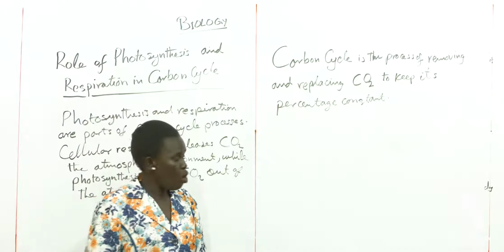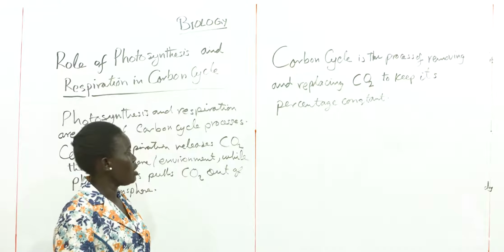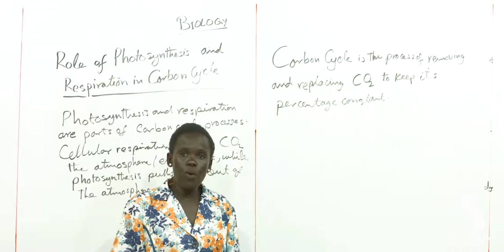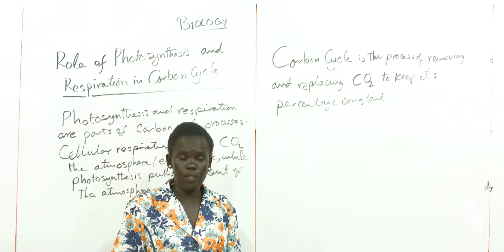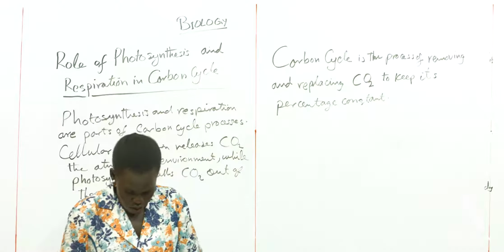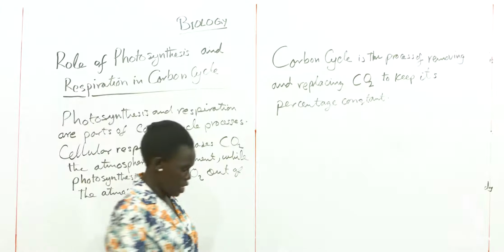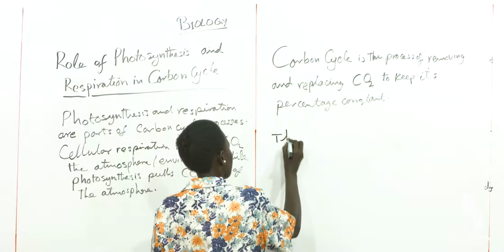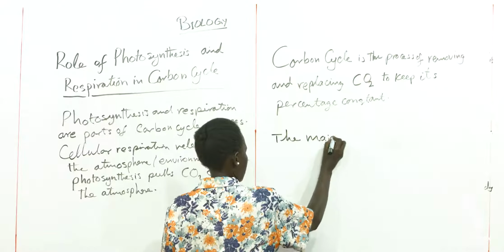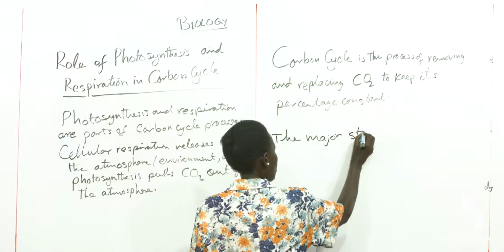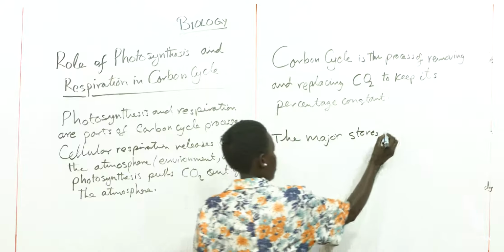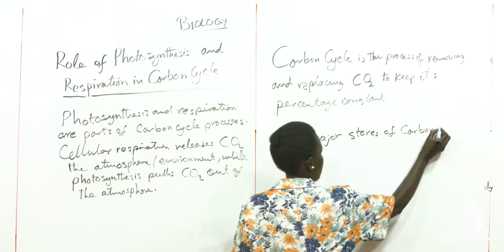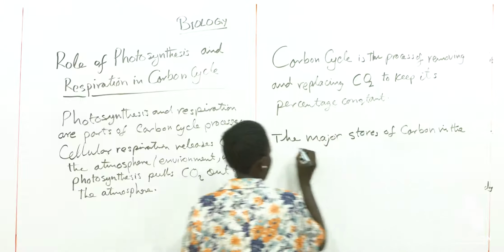So the major stores of carbon, that means carbon is stored in some places, or there are some sites where it occurs. And these are called the major stores of carbon in the carbon cycle.